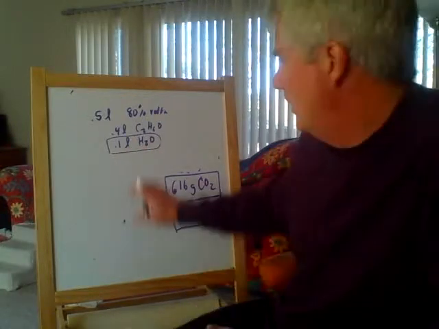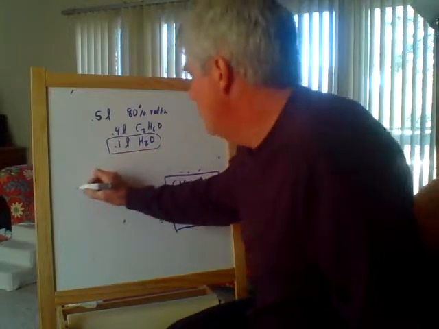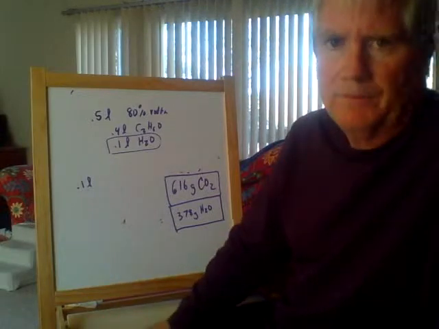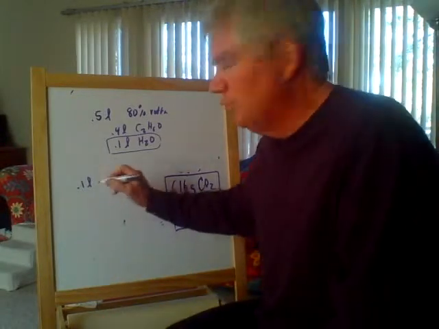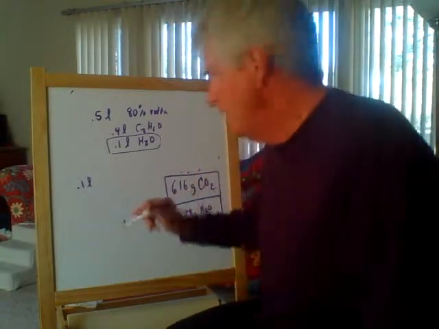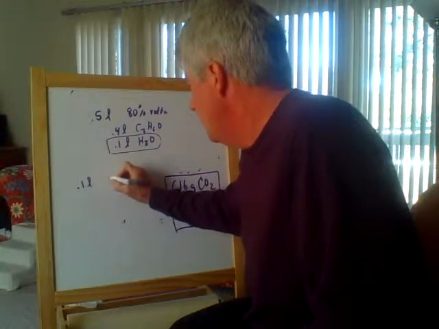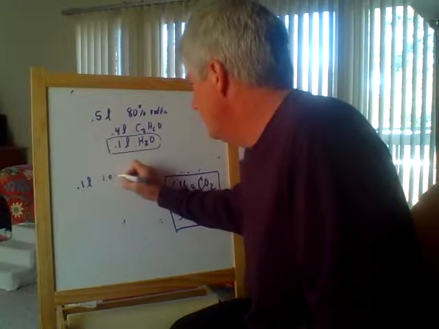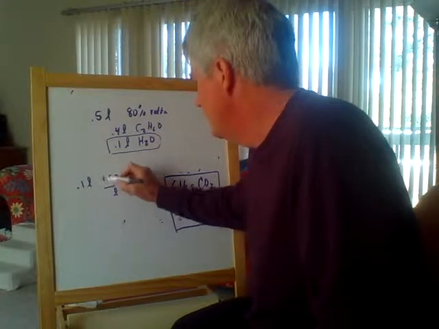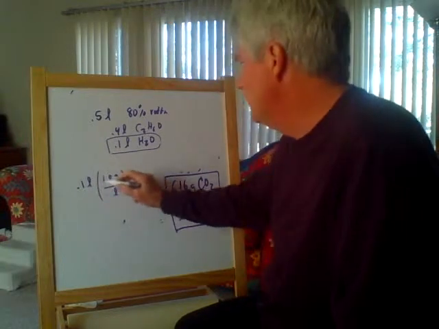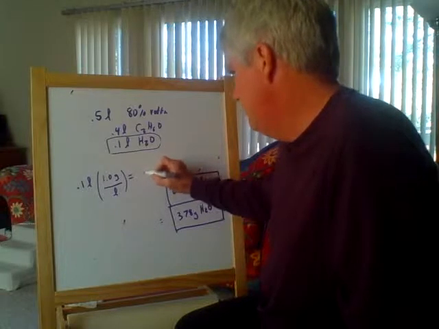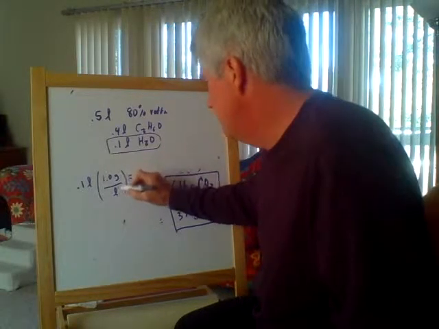Well, we're going to use the exact same thing. What we have is 0.1 liters of water, and we need the density of water. Thankfully, the density of water is right around 1. In fact, that's not even a coincidence, but we'll get into that in a second. The density of water is roughly 1 gram per milliliter at room temperature.